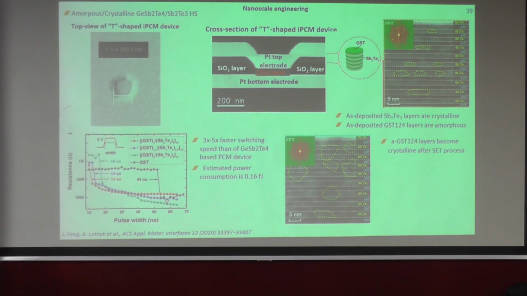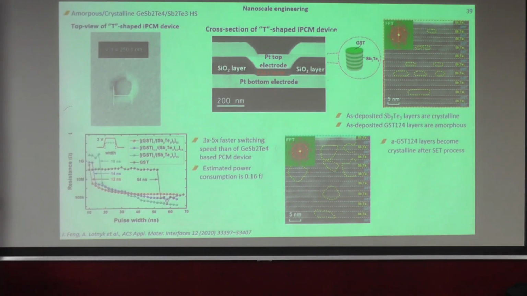So it improves the crystallization time, the switching time, in this case the set time. And if you compute the power needed for this process, it's also very low. It requires about 0.60 femtojoule.